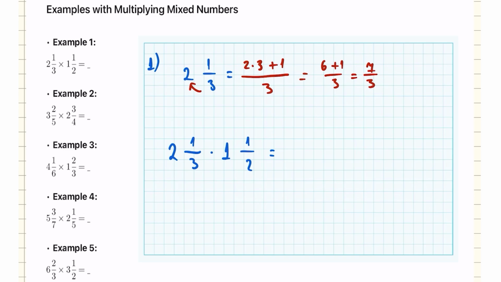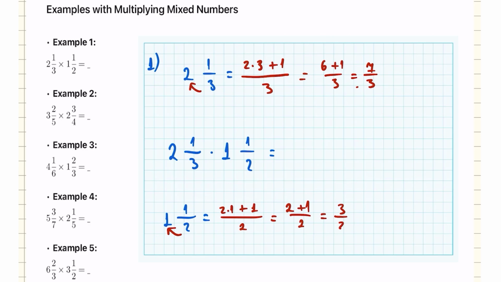Now the second mixed number, 1 and 1 over 2. We multiply 2 and 1, plus the numerator, and the denominator stays the same. We know how to do that. And the answer is 2 plus 1 over 2. This is 3 over 2.